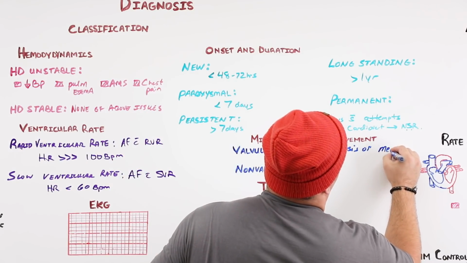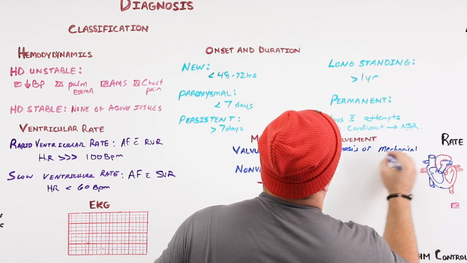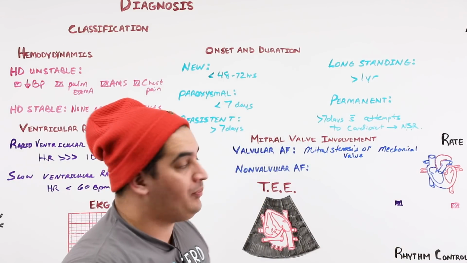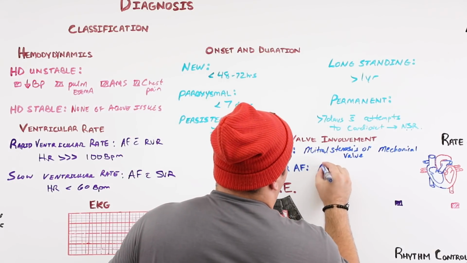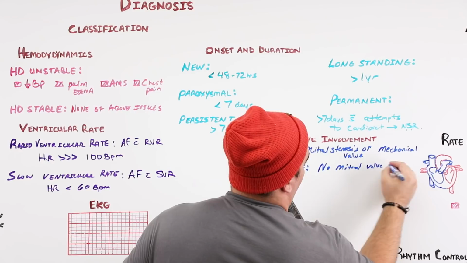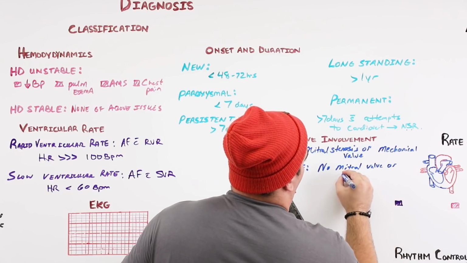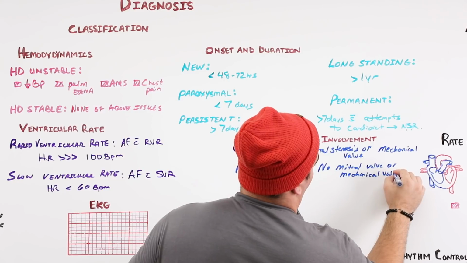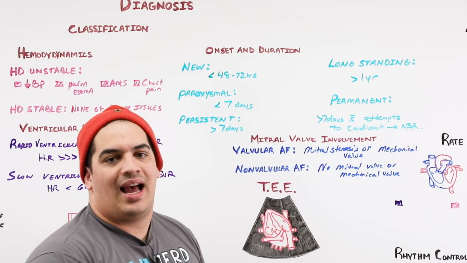So that could be another potential thing, because again, this determines what kind of anticoagulant they need. And then non-valvular is obviously there's no mitral valve involvement or mechanical valve. Okay, so that is how we define these.